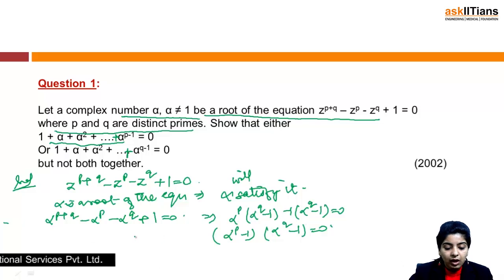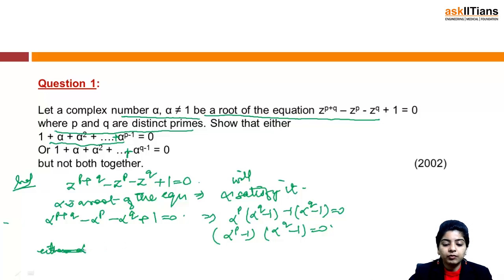Now it's also given that alpha is not equal to 1. Once you get alpha to the power p minus 1 into alpha to the power q minus 1 is 0, we have either alpha to the power p minus 1 is 0 or alpha to the power q minus 1 is 0.